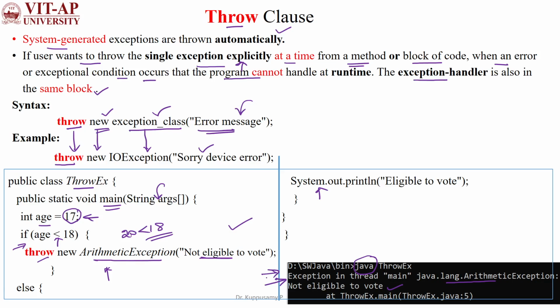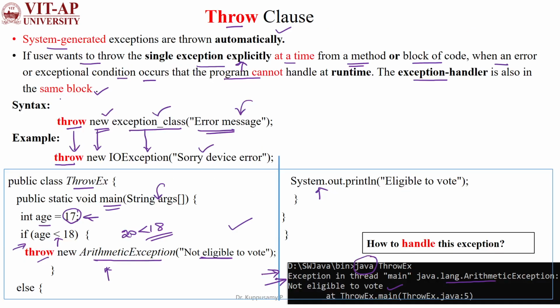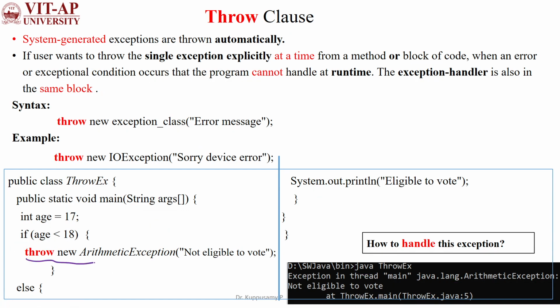For handling the exception, we have to use a try catch block. Here I have given the same code in this example, the code which is raising the exception. This is the line which is raising the exception, that should be mentioned inside the try block.